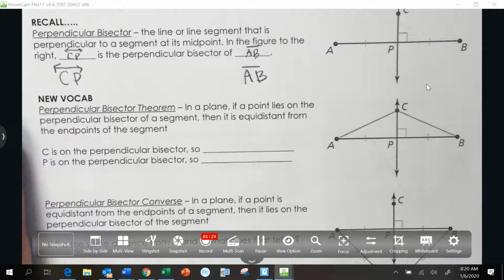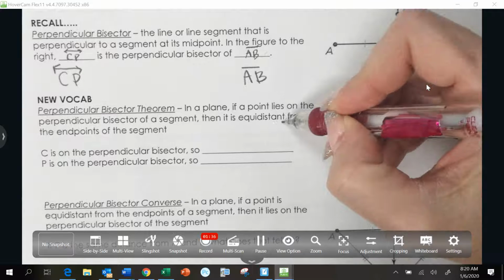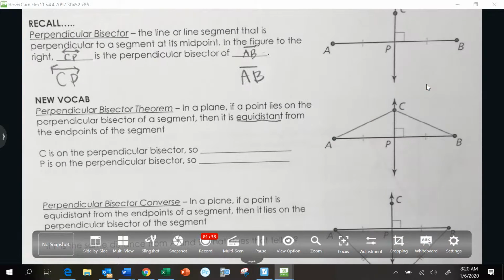New vocab, perpendicular bisector theorem. In a plane, if a point lies on the perpendicular bisector of a segment, then it is equidistant from the endpoints of the segment.